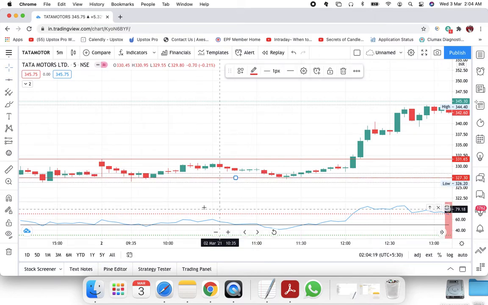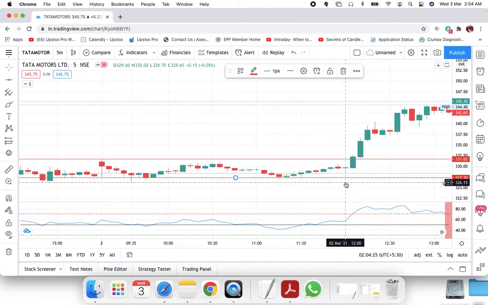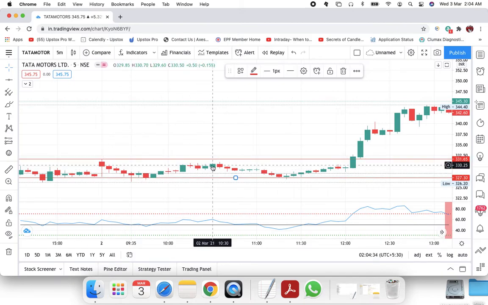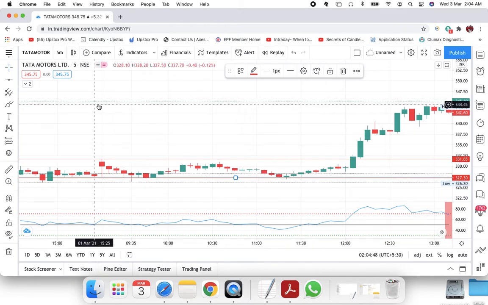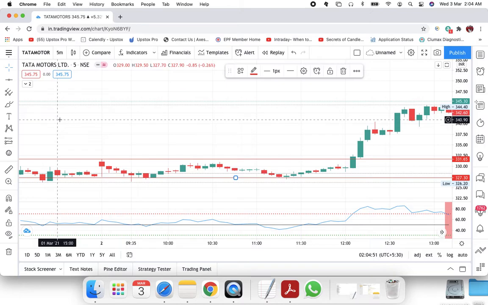If you see from 9:15 to 12 o'clock, it was in a tight range. The price was compressed in a very tight range between 331 to 327. As soon as this range is broken by any candle, that is our entry.